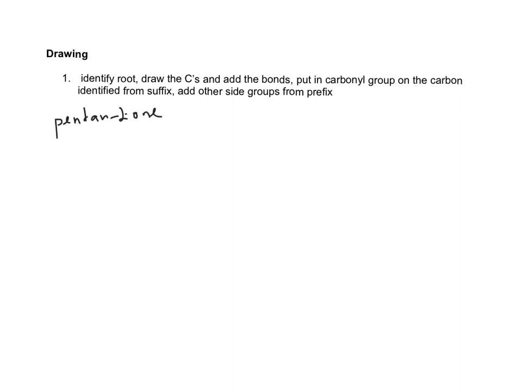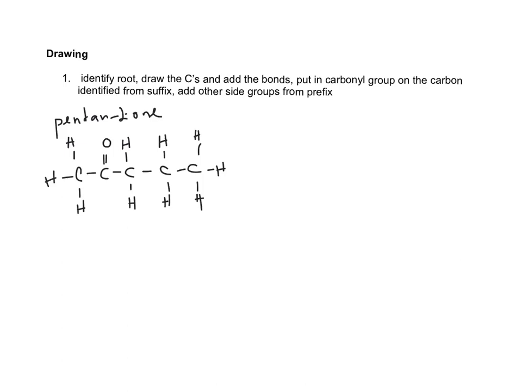So we know that we've got 5 carbons, and the second carbon in contains our carbonyl group. So now put in all your other bonds and atoms. So there you go, pentan-2-one.